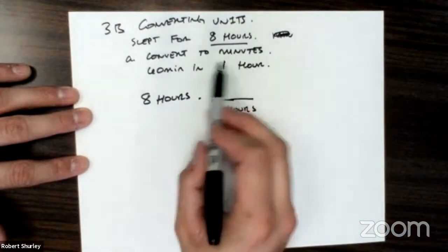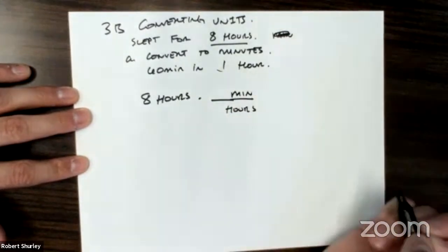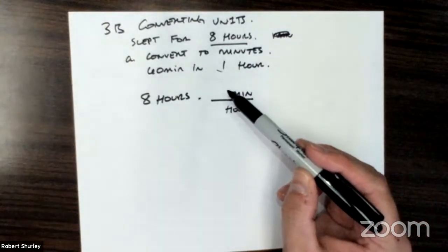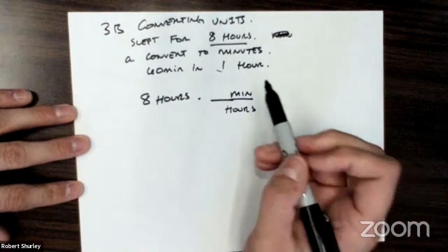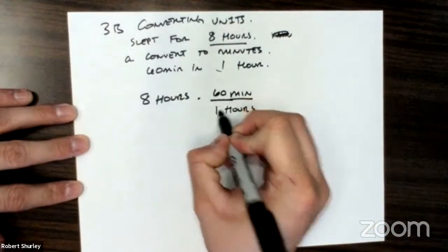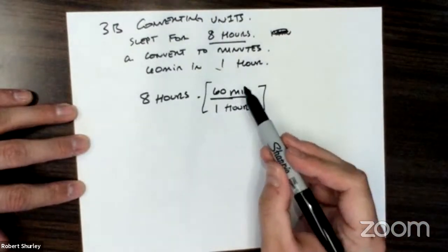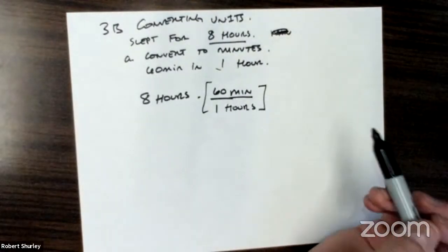Hours. Now we're going from hours to minutes, so we're going to put the minutes on top. And look, we're going to write the equivalent ratio here. So there's 60 minutes in 1 hour, right? This is just 1. 60 minutes divided by 1 hour is just 1.